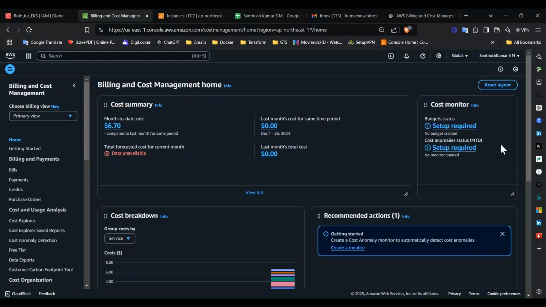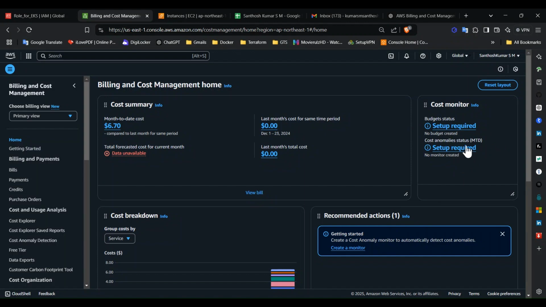Here you can see that in the cost monitor they provide two options. The first one is budget status, which allows you to set a spending or usage limit, and you can get alerts if you are about to exceed it. And here you can see the cost anomaly status.